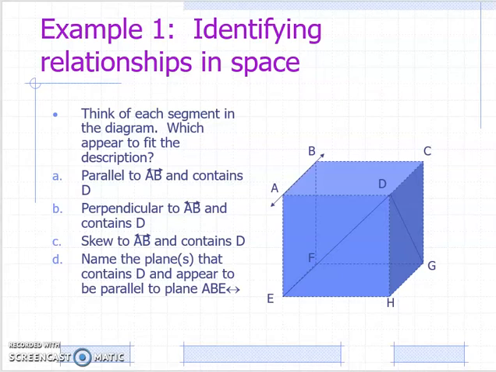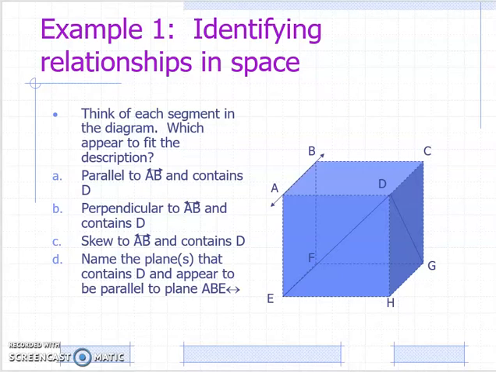I want to find a line that would be perpendicular, that means it would meet it to form a 90, and contains the point D. What are you thinking? Are you thinking the line DA? See, DA would be perpendicular, forms the 90 there at point A. And again, it contains the point D.